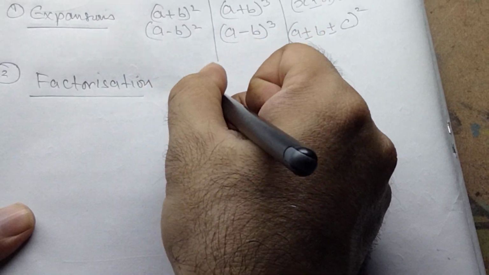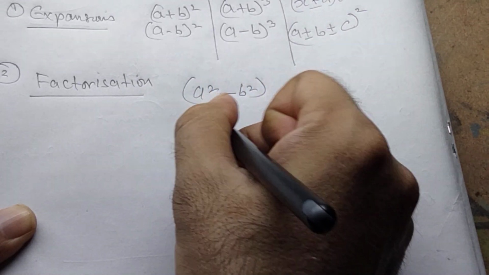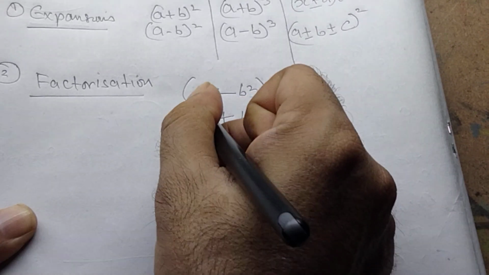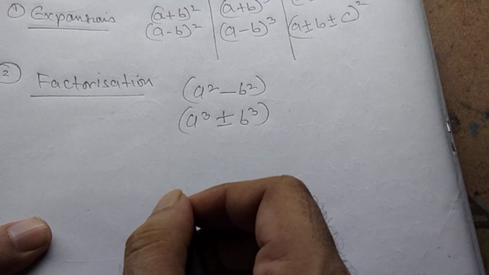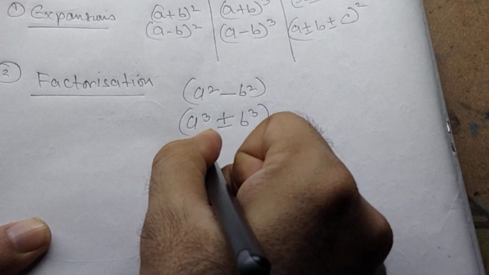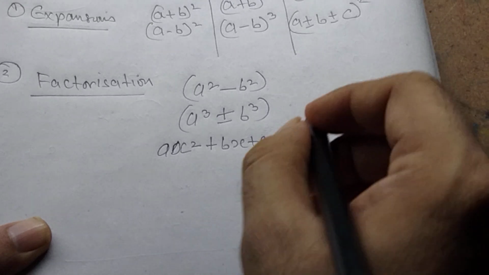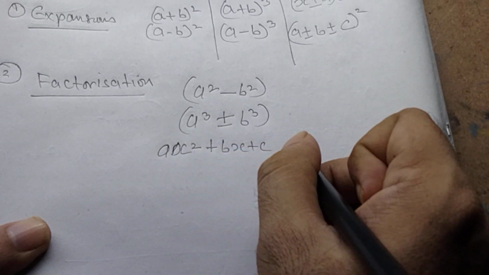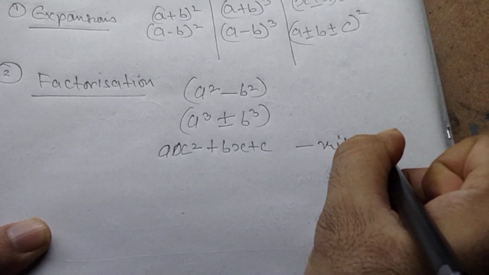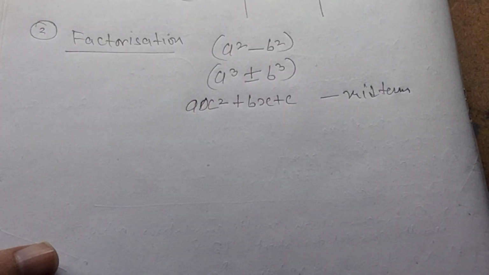How to factorize a square minus b square, a cube plus minus b cube, and third is the midterm factorization of ax square plus bx plus c. This expression by splitting or by breaking the middle term, that is midterm factorization. Okay, this is the second point you are supposed to know in algebra.